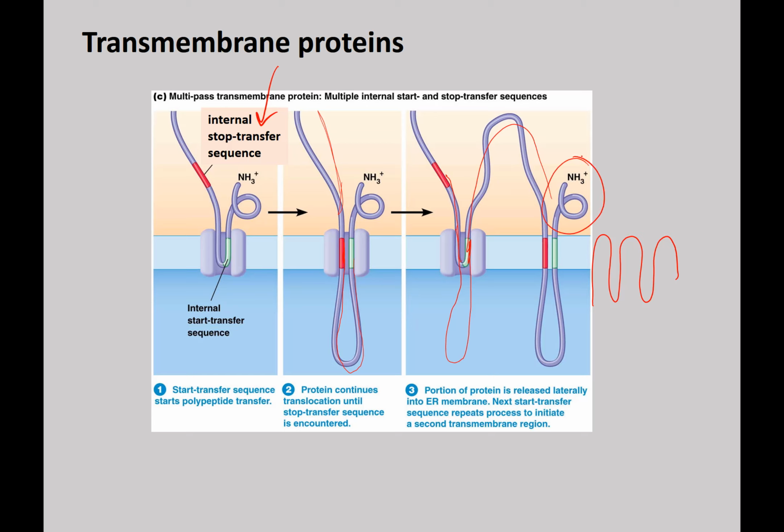You can have the N-terminus inside or outside, depending if it's type 1 or type 2. Okay. And the C-terminus inside or outside. So you can start with a stop transfer and then do a start transfer and a stop transfer and a start transfer. So you can get any kind of combination of these to wind that protein into the membrane.